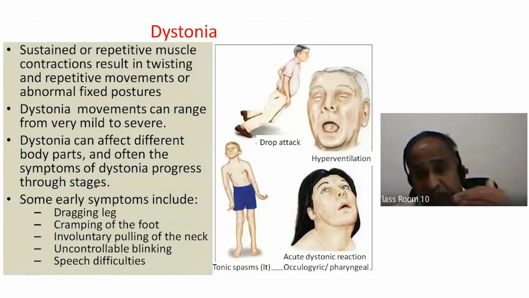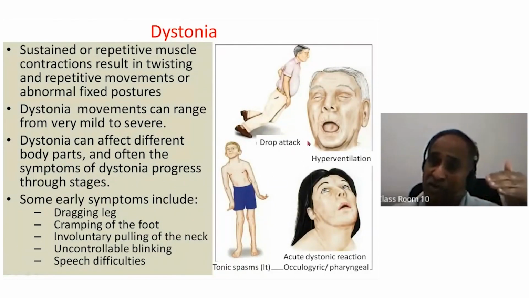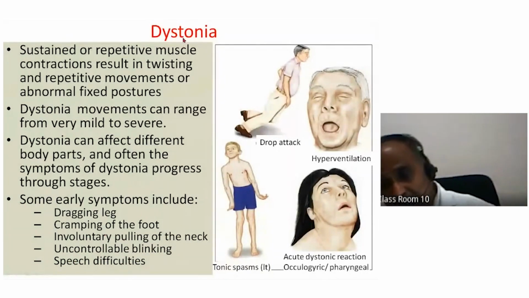I have already mentioned that the final stage is limiting for the individual's performance. Some early symptoms include dragging of the legs or cramping of the foot and involuntary pulling of the neck. So we will sometimes have a wry neck and uncontrollable blinking. Some persons have that habit and associated speech difficulty. That is about dystonia.